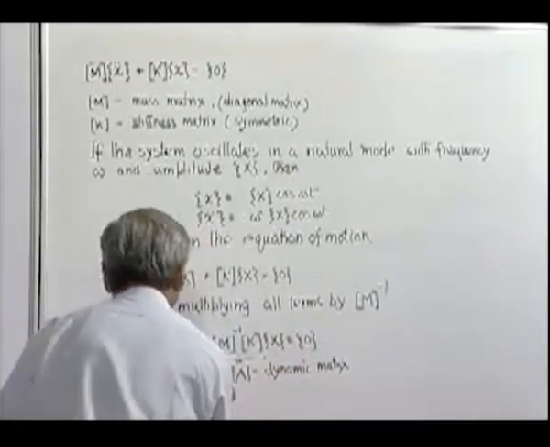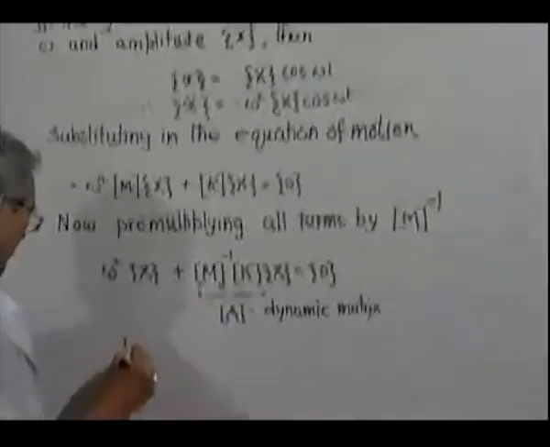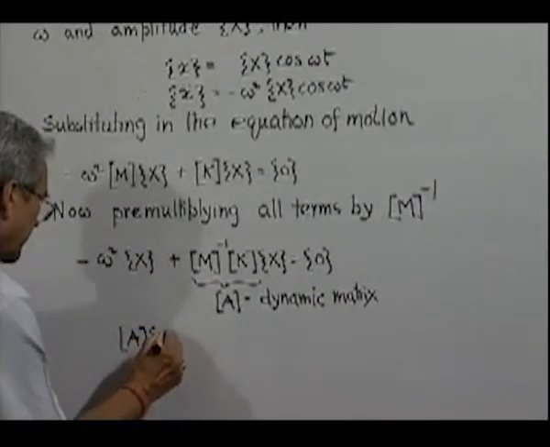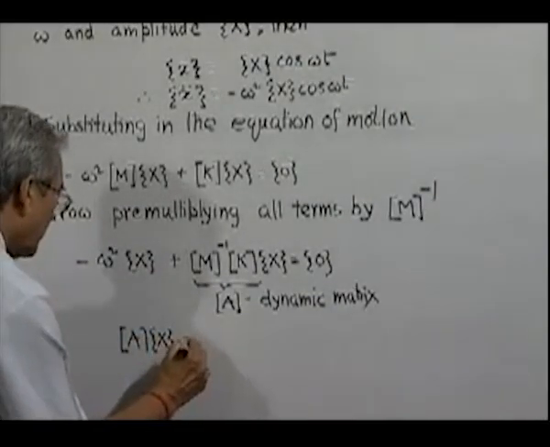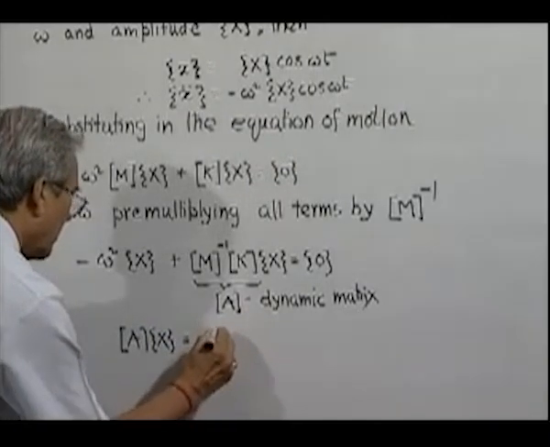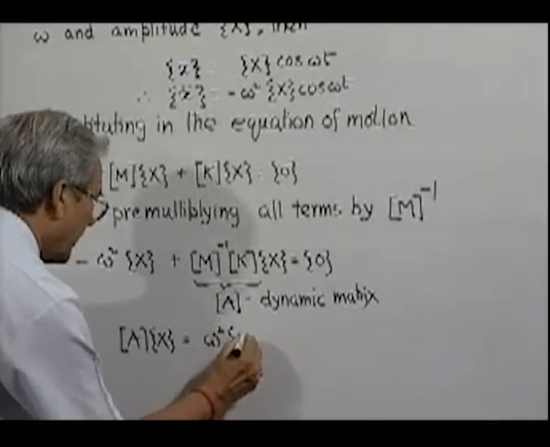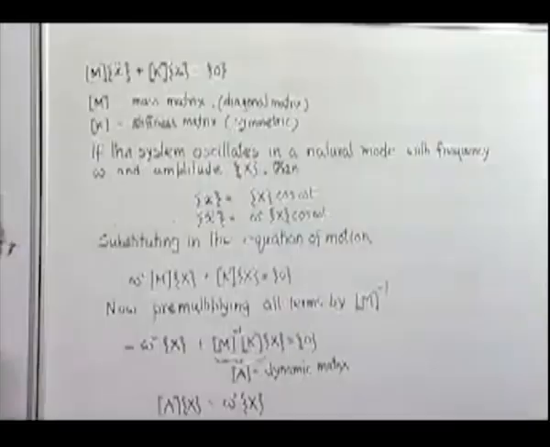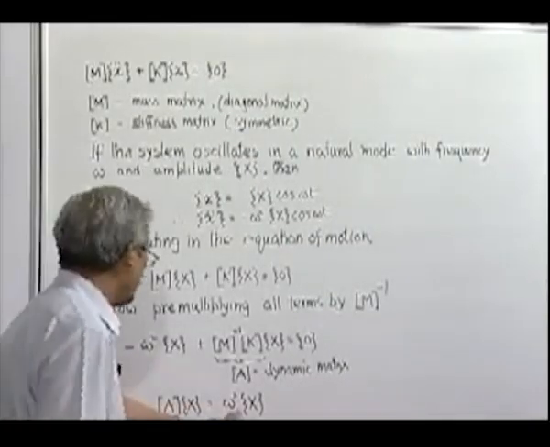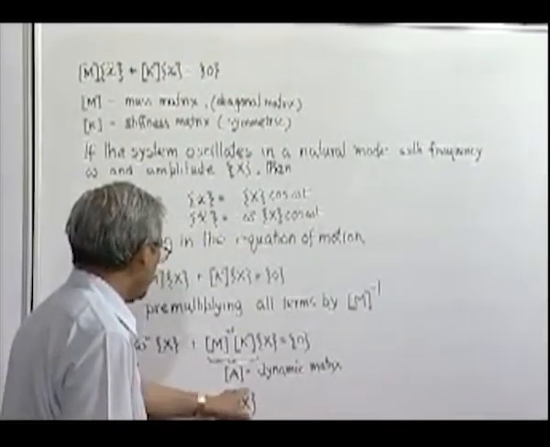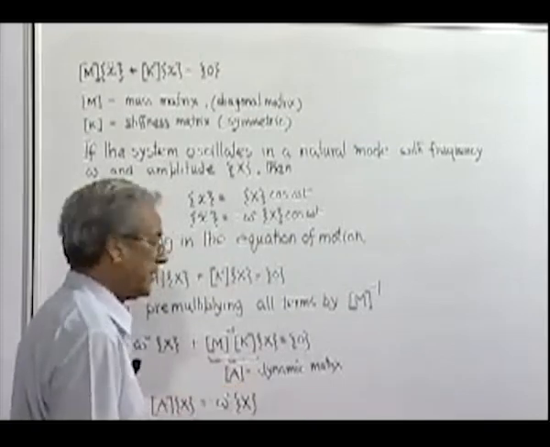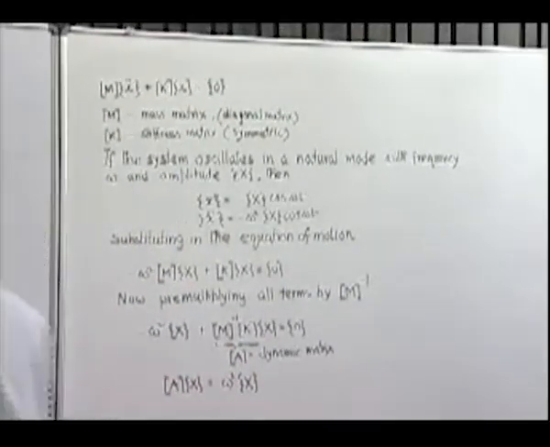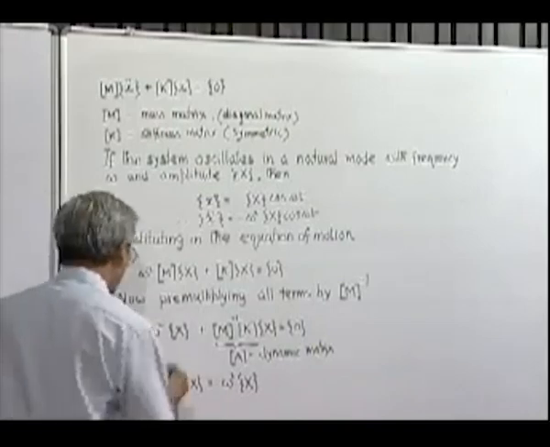So we can write this equation in this form: A x is equal to omega square x for a particular natural mode. Remember, if it is the ith mode, this frequency will be omega i and the mode shape will be x i. Now, this is a typical equation which is perhaps familiar to you.